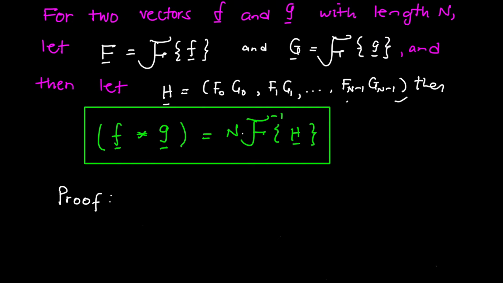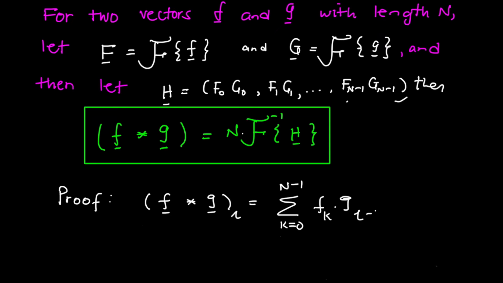We're going to start with the definition of discrete convolution that we were using previously. Between f and g, the lth component is the sum from k equals 0 to n minus 1 of f subscript k multiplied by g subscript l minus k.